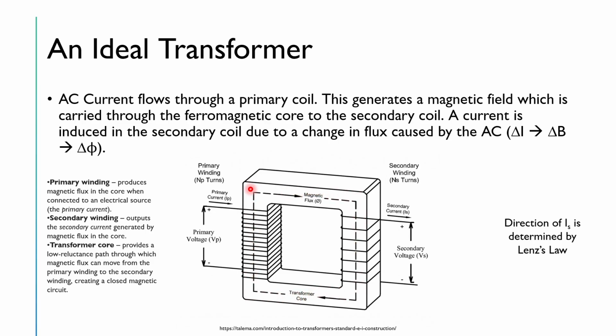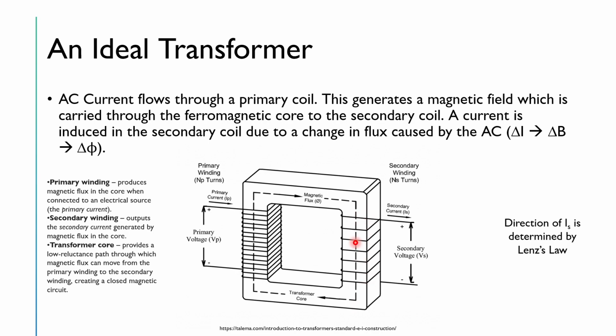What you end up with is like a closed circuit almost of a magnetic field that's able to run around the entire core. So if you're generating a magnetic field on the left-hand side here, and a magnetic field is moving around the core, it's then going to start to interact with the loop, which is on the other side, the secondary coil. So the magnetic flux or the magnetic field is able to get to this secondary core and interact with it. And here we have an induced current in this secondary coil.